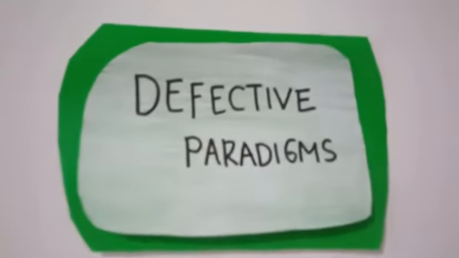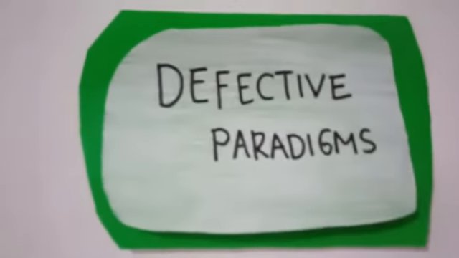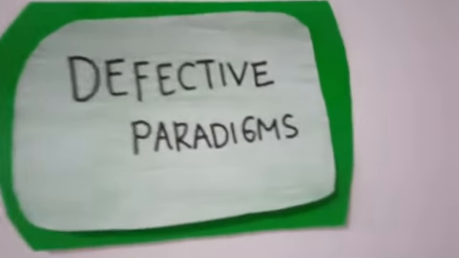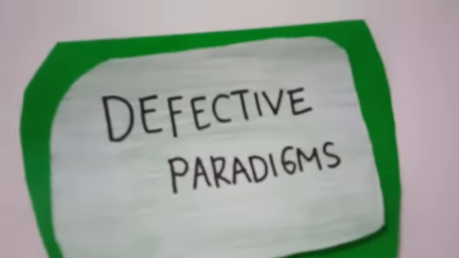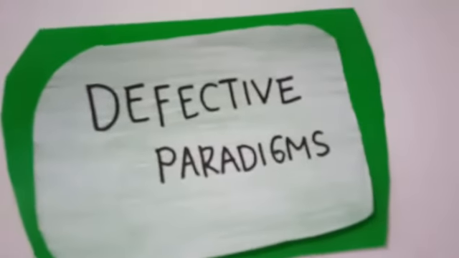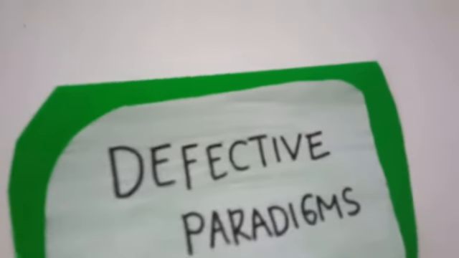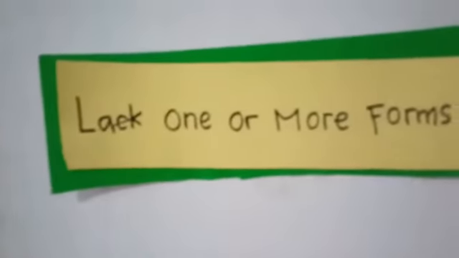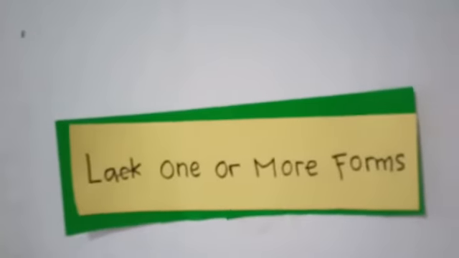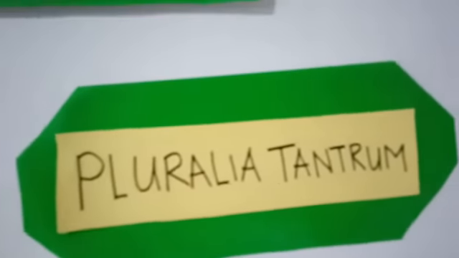Let's continue to the fractive paradigm. So what is the definition of the fractive paradigm? It's actually a broken formula that usually shows in pluralia tantum. So what is it? The definition is like one or more forms because of the pluralia tantum.